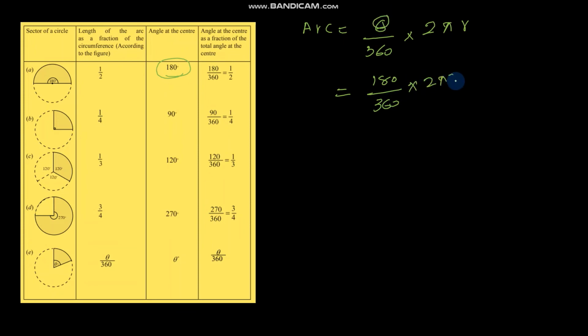It's okay if you even remember this by heart, but first of all, what is our formula? The formula is arc is equivalent to theta divided by 360 multiplied by 2 pi r, right? So if you are given 180, meaning theta becomes 180, then 180 over 360 is 1 over 2, so this particular portion becomes half.